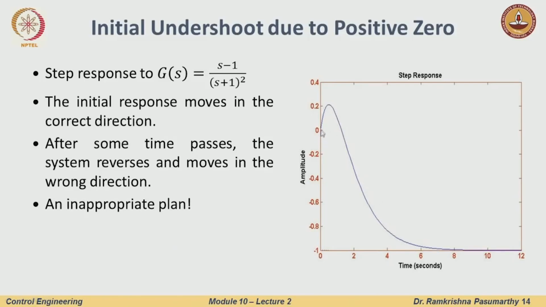So this could be encountered in several situations, an inappropriate plan. Even sometimes you elect a new government, which promises a lot during the election campaign. The market sentiment is high, everybody is very happy, stock prices go up, but after a few months it's all the same story again, and it again goes back to 0.